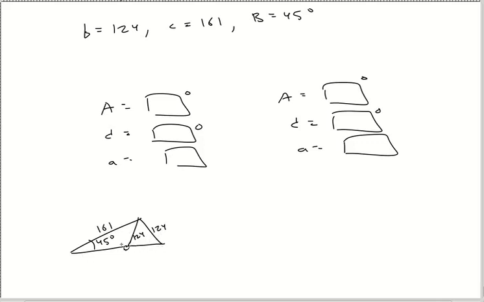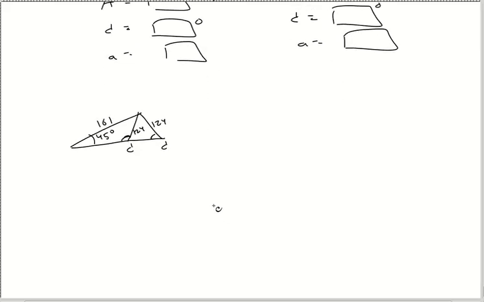I'm going to try to find the acute and the obtuse angle versions for a C. When I get my angle C, then I can start to put them in the right places. So, can I use the law of sines? I'm going to say yes.